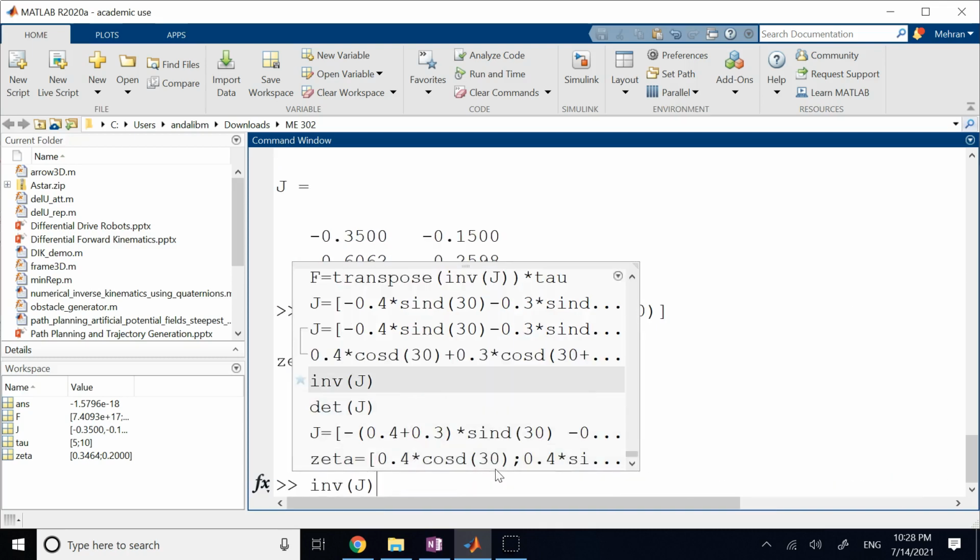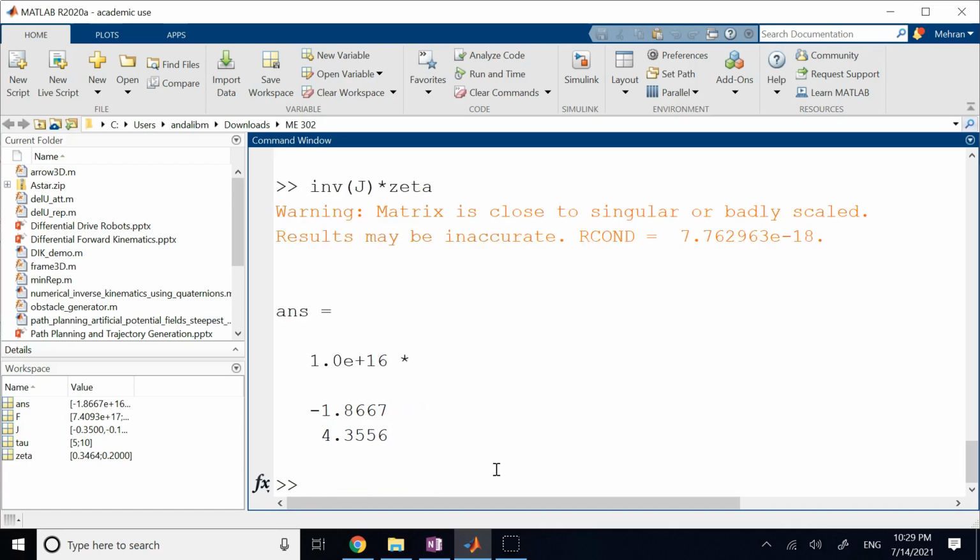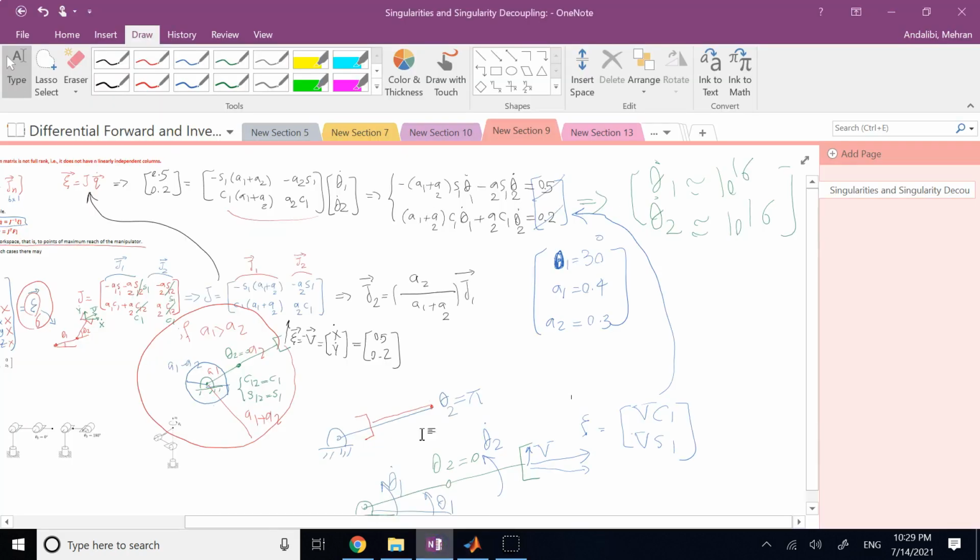Now, if I ask what is the inverse of J times zeta, that's the solution. Again, you see, the only way that you can achieve it is using infinite numbers, which is physically not possible. And then you might say, well, what's the difference between that one and if you used a different thing?